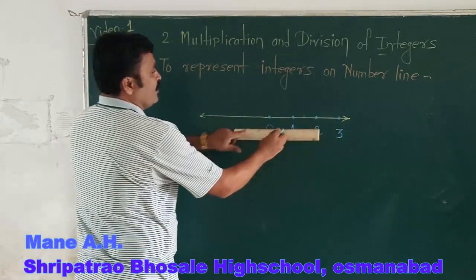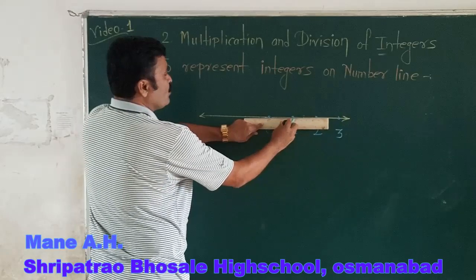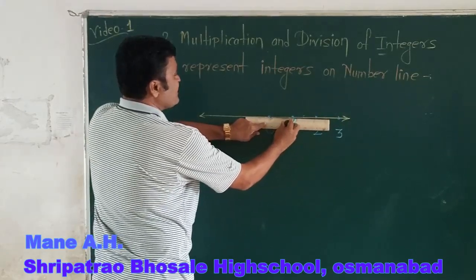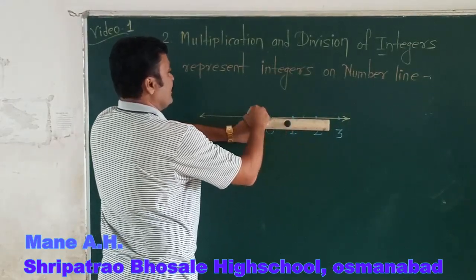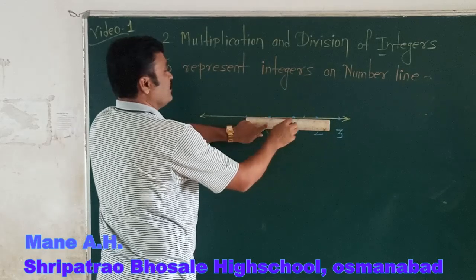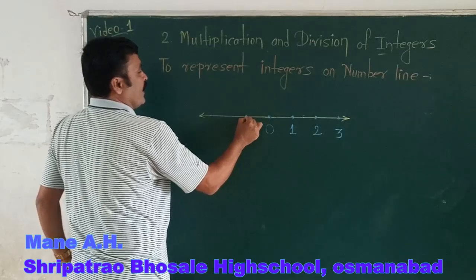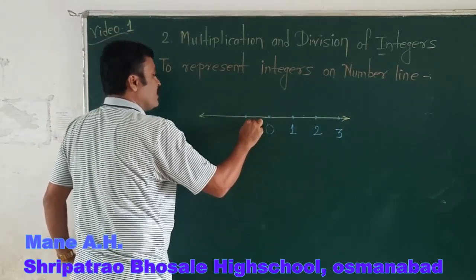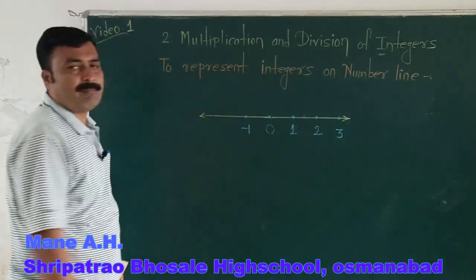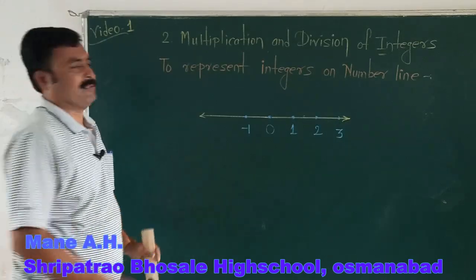So again from this 0 we have to put down a 4 centimeter distance. So here I am taking the first mark at the left of this 0, and this mark I am taking as the number -1.